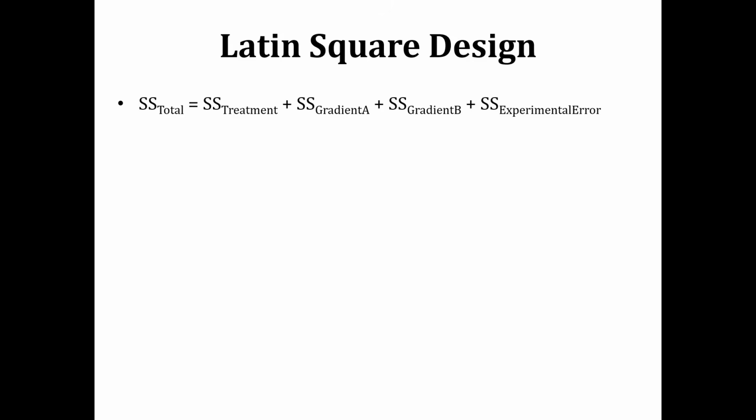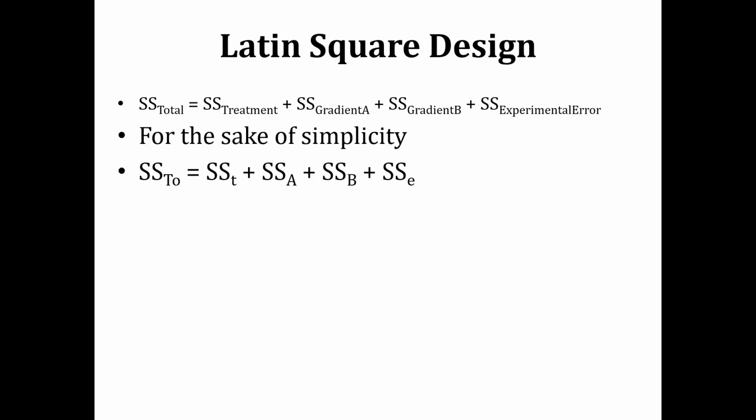Now remember, what is the role of Anova? That we have to figure out what are the components that contribute to total variability. So in this case, total variability is because of the variability due to treatment, of course, and it is due to variability due to gradient A, which is our road gradient, and it is because of the gradient B, which is our river gradient, and it is due to the experimental error.